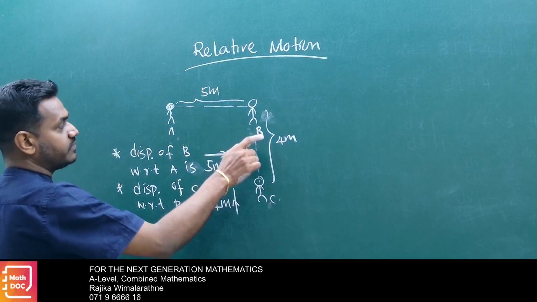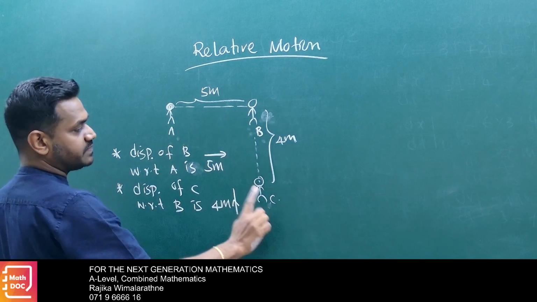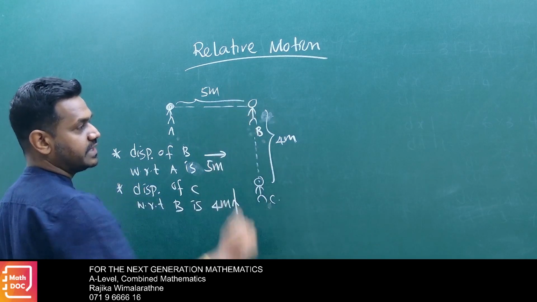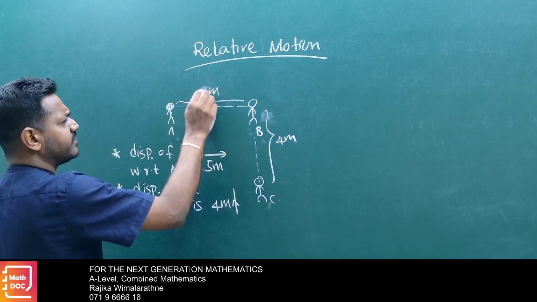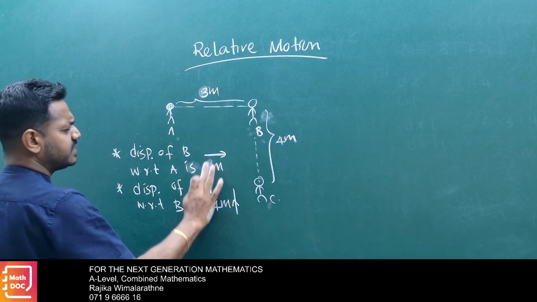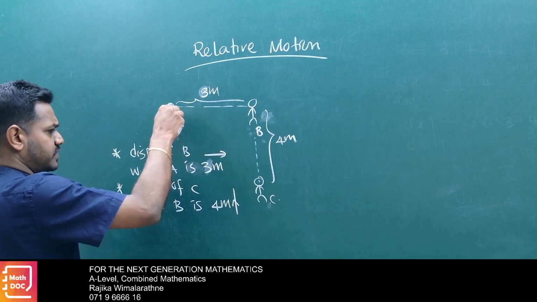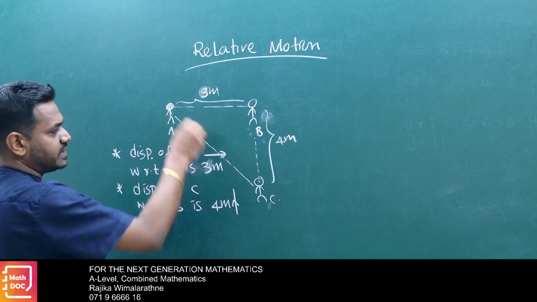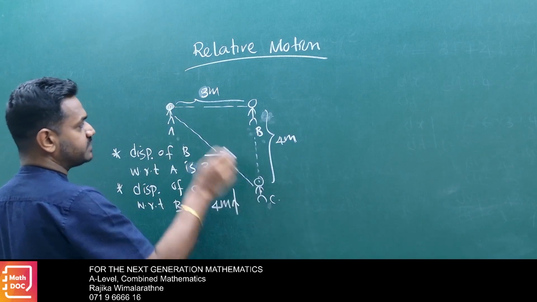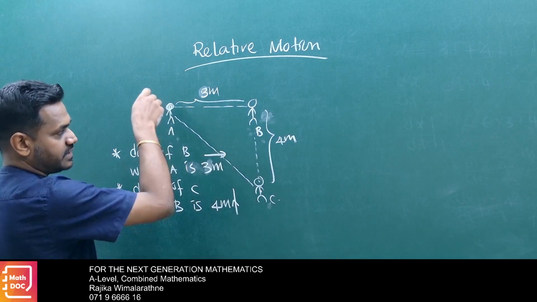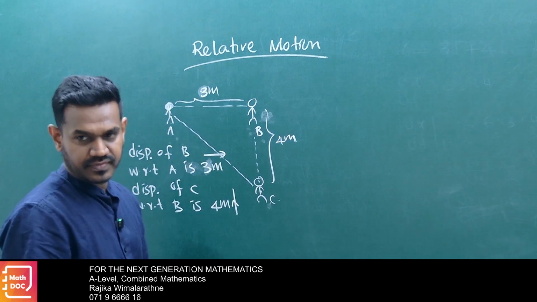Then the displacement of B with respect to A is this, the displacement of C with respect to B is that. Then when you consider, let's say, this one 3 meters. So when you consider this one, the displacement of C with respect to A is this length, that is 5 meters, no? 5 meters.